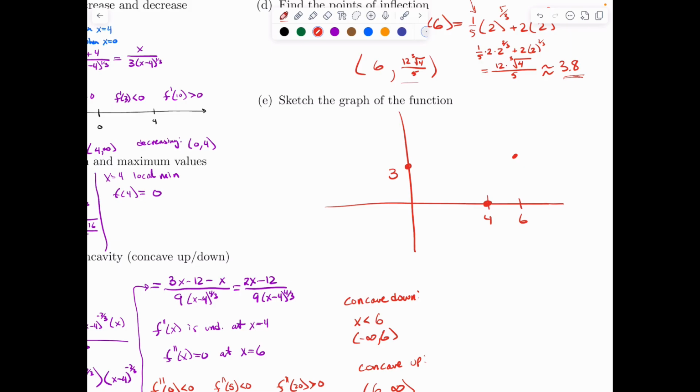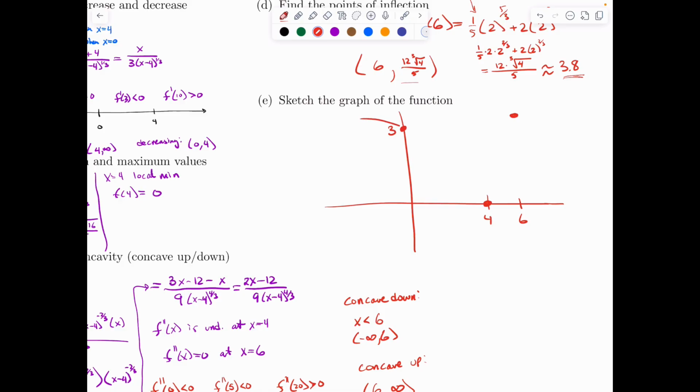How in the world could that be? Oh, I see how it could be. We're going to go concave down. So going along here, I can go like this. This is not going to be very convincing. I'm going to move this dot up a bit so that it's more obvious how this is looking.